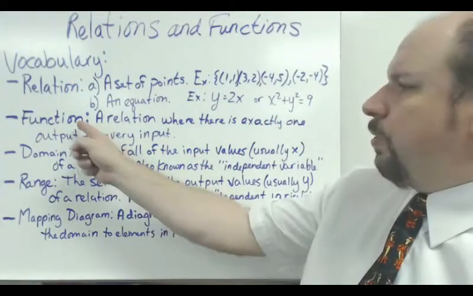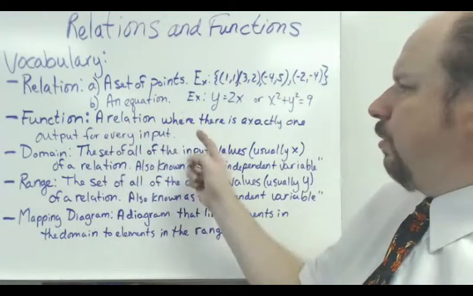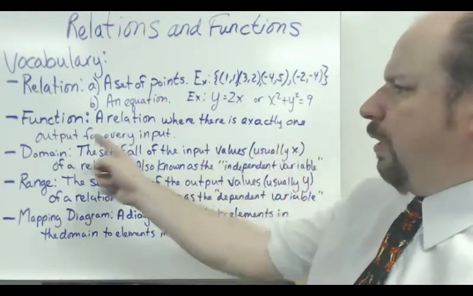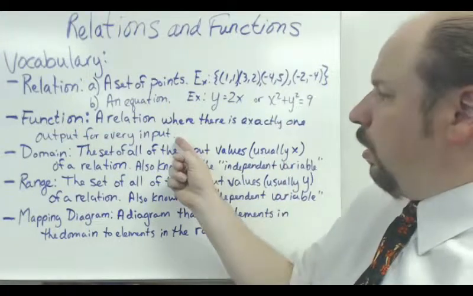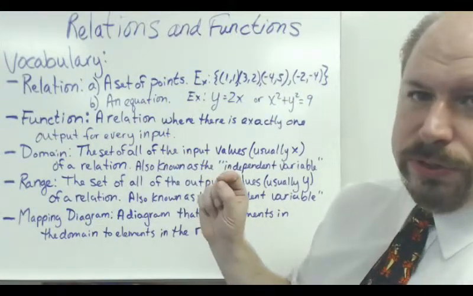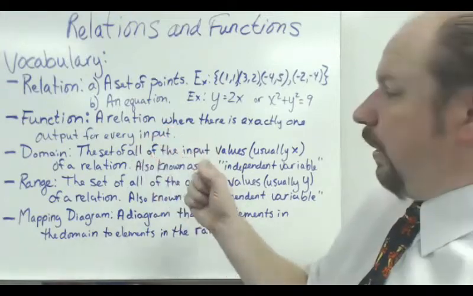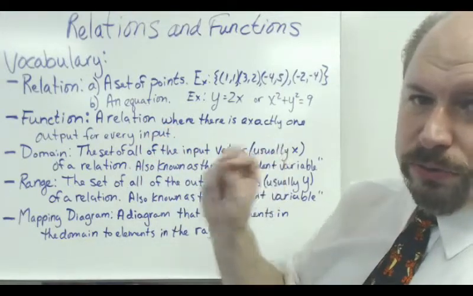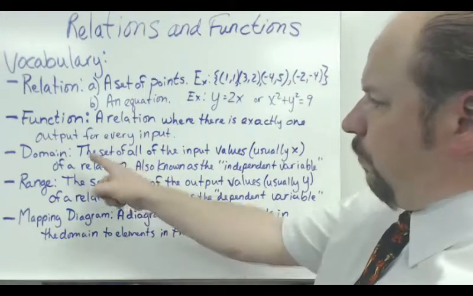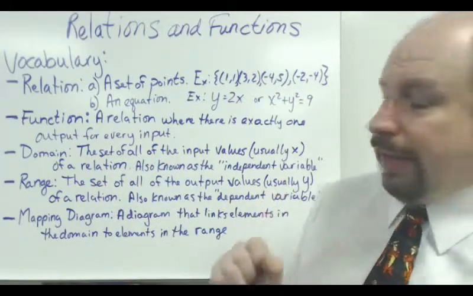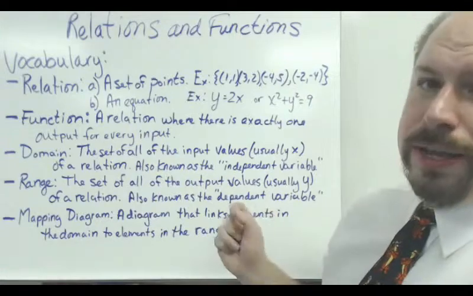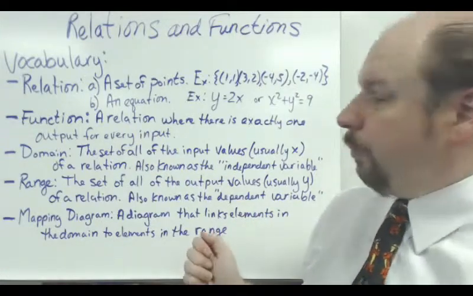A function is just a relation where there is exactly one output for every input. So our input values can only be used one time. We can't have multiple input values that are the same. The domain is the set of all of the input values, usually the x values, of a relation, and this is also known as the independent variable.